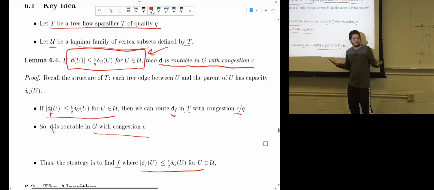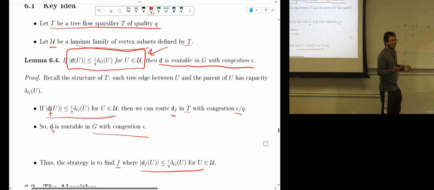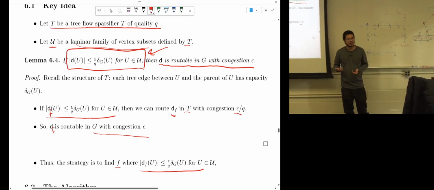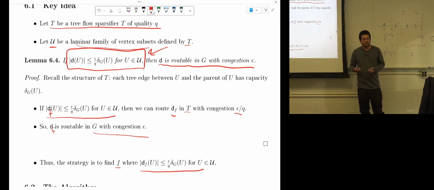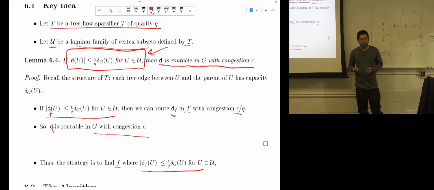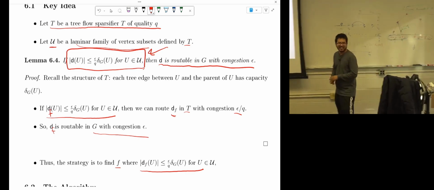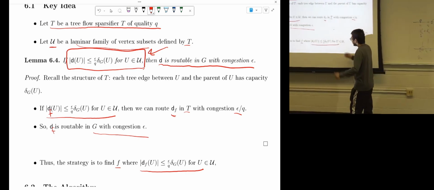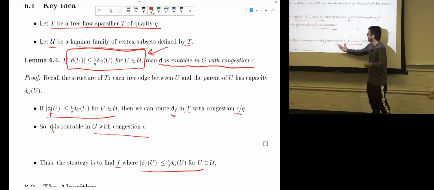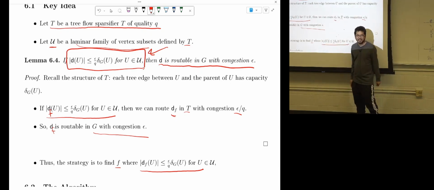How many cuts are there? N log n? Actually, at most 2n. The tree has at most 2n cuts, basically around n. There's just 2n many cuts that we need to check.